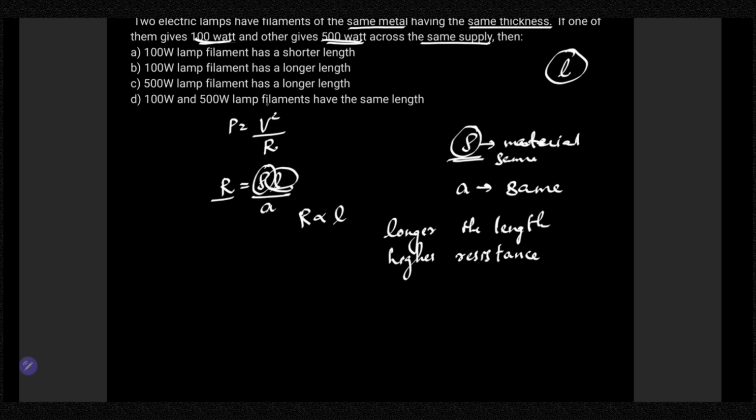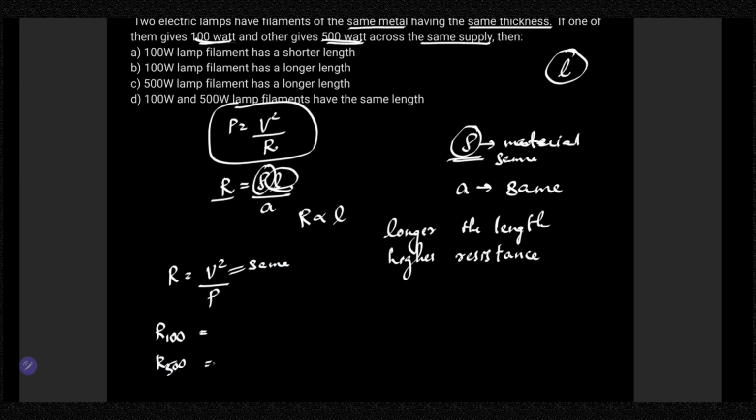We'll rearrange this equation: R is equal to V square by P. It has been told it's the same supply, so for both bulbs V square will be the same. So we have V square by 100 and V square by 500.